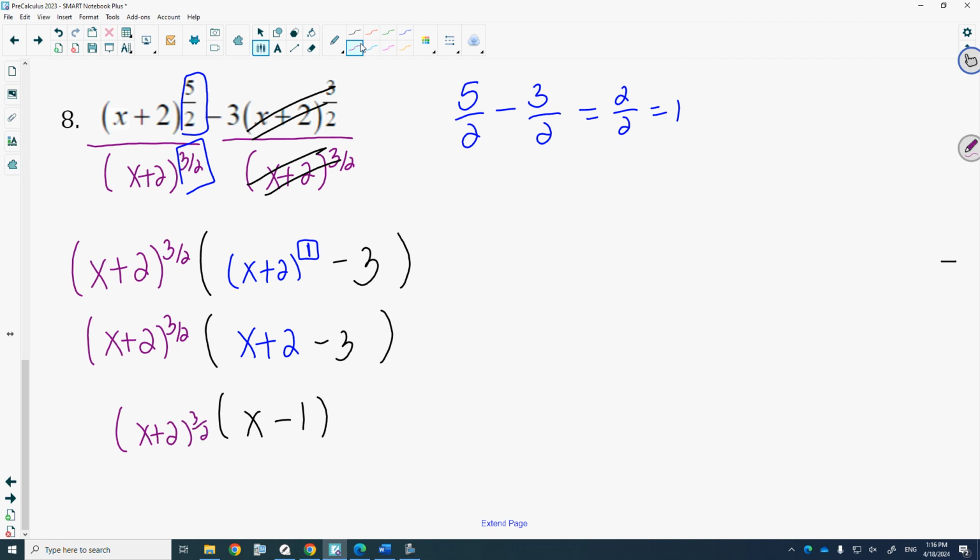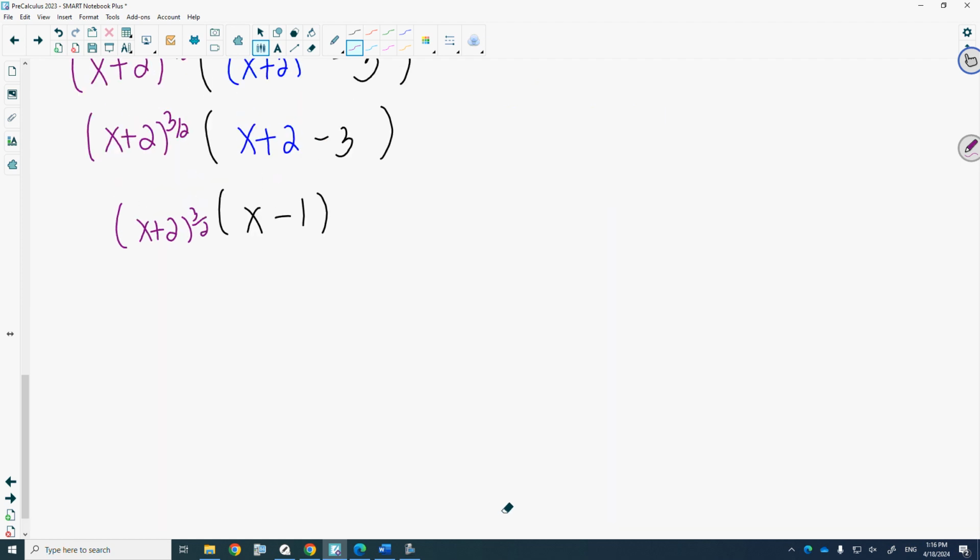Okay, so again, when you look at the textbook solutions, that would be the answer. However, later on, I'm going to say, I don't want you to leave this with a rational exponent. So we're going to write this as a radical, right? So remember the root is the 2.